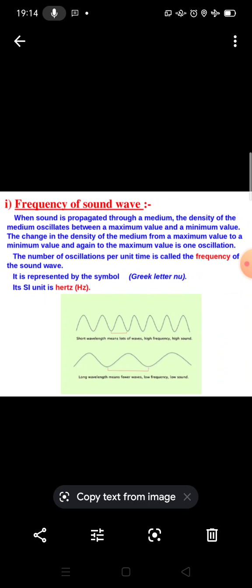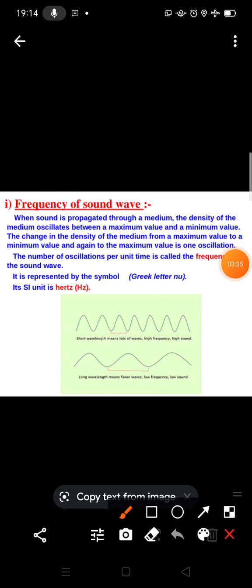First of all, you should know what frequency is. Frequency is the number of oscillations per unit time. The number of oscillations made by a vibrating body in 1 second is defined as frequency. Students, you can take the example of a drum.